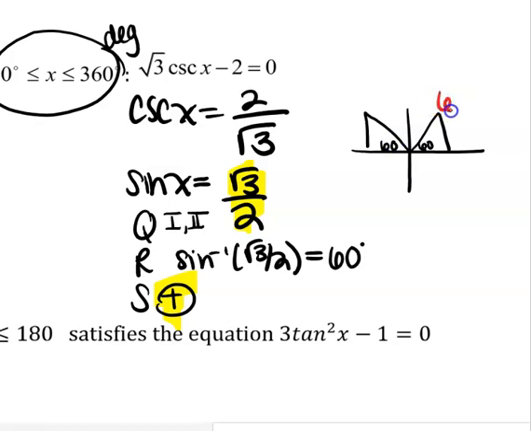If you're in quadrant 1, the angle just is the same as the reference angle. But if you're in quadrant 2, you're going to do 180 take away that 60, which ultimately gives us 120 degrees, because you're just 60 degrees shy of 180. And those are your final answers, 60 and 120.